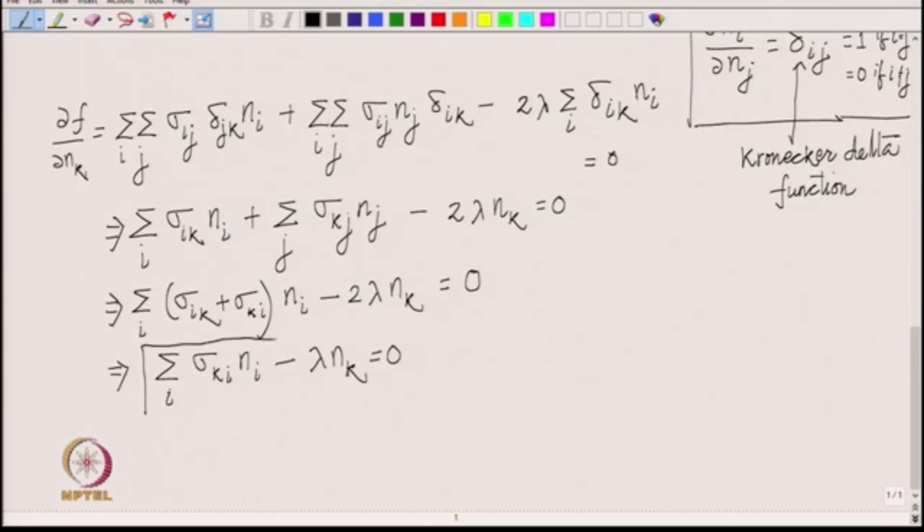Okay. So, this is one equation that you have derived.